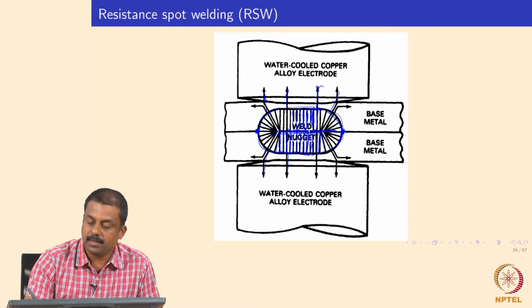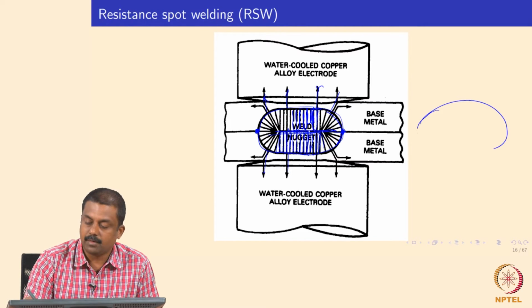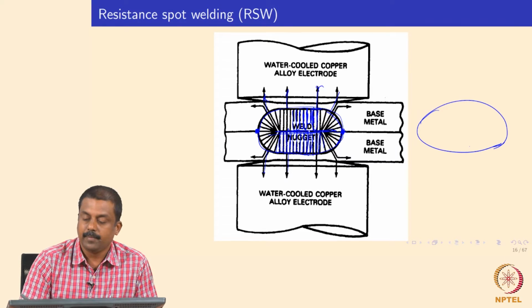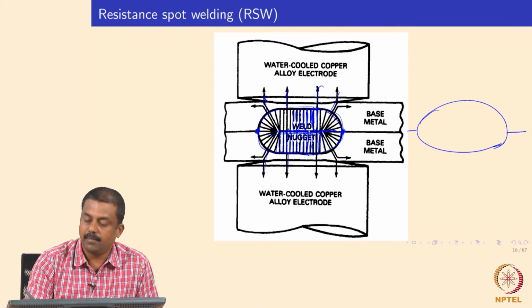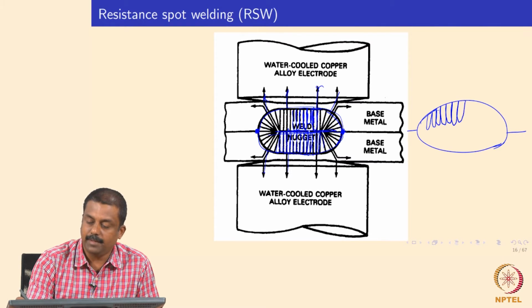So the typical microstructure, if I can redraw again: you have a weld nugget, liquid, and this is your weld center line. Then you will have solidification nucleating from the fusion boundary and going towards the weld center line, and during this process you also partition the alloying elements towards the unsolidified liquid, thereby the liquid at the weld center line gets enriched in alloying elements.